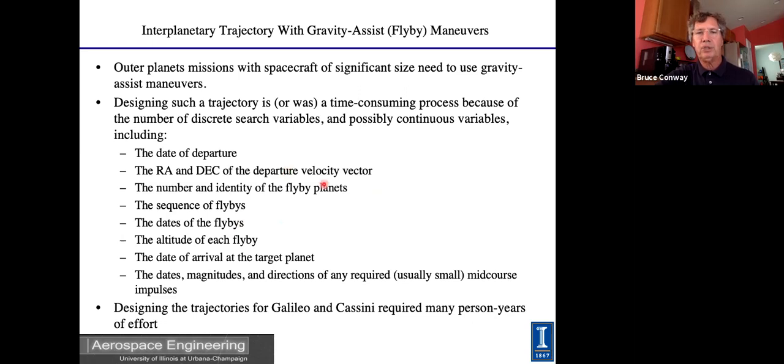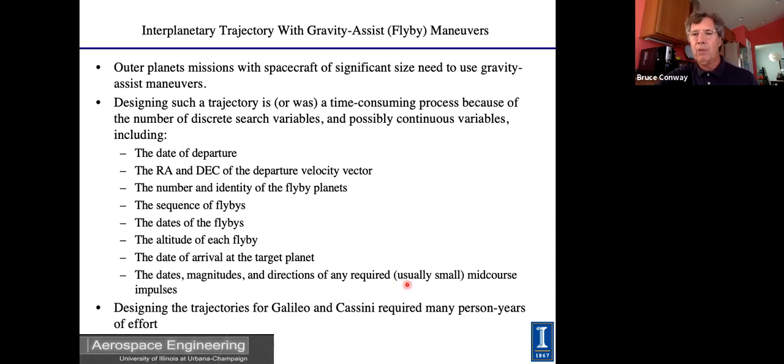The date of departure, the RA and declination of the departure velocity vector, which planets to use for flybys and in what sequence, what will be the dates of the flybys, what will be the altitude of each flyby, what will be the optimal date of arrival at the target planet, and then the dates, the magnitudes, and the directions of any, I say usually small, mid-course impulses.